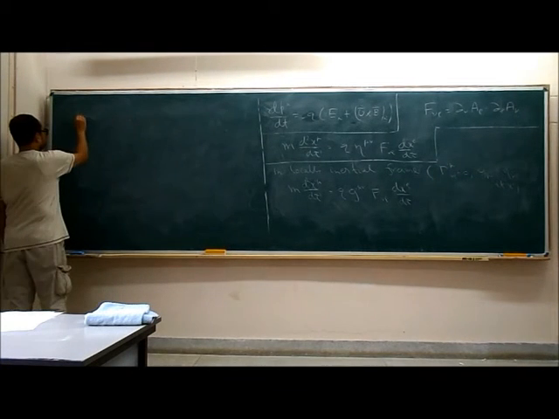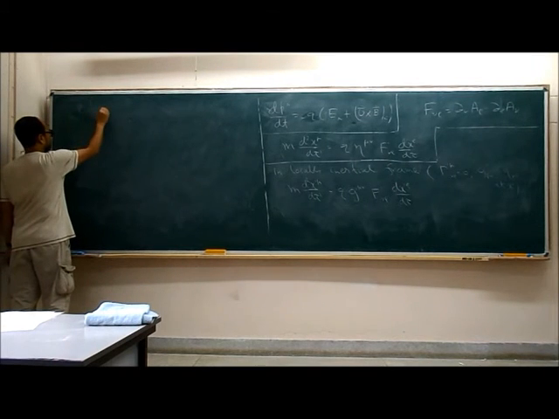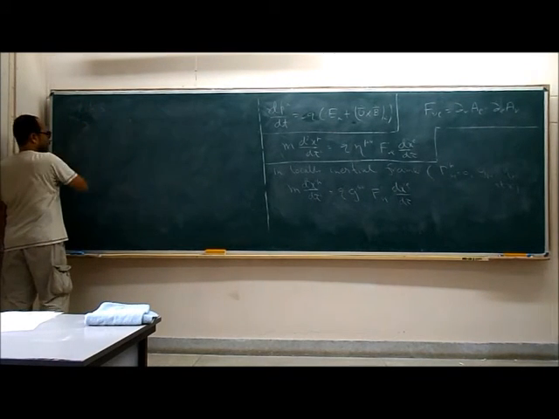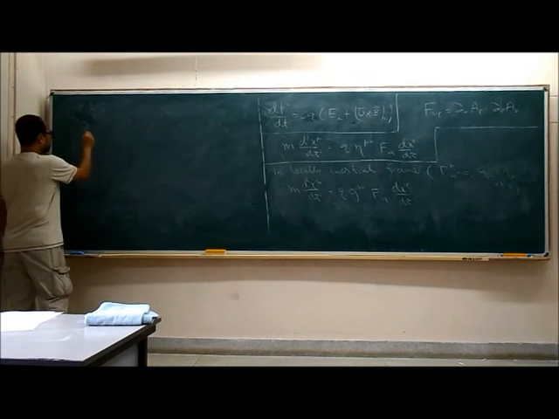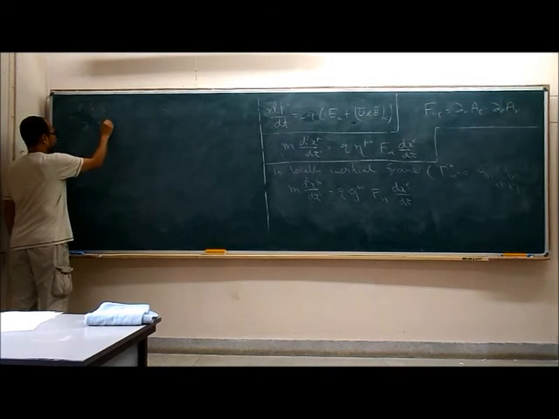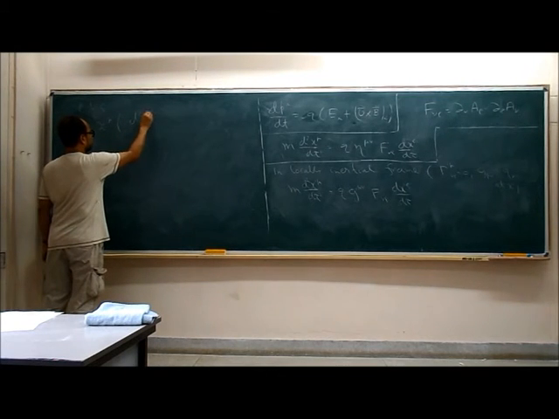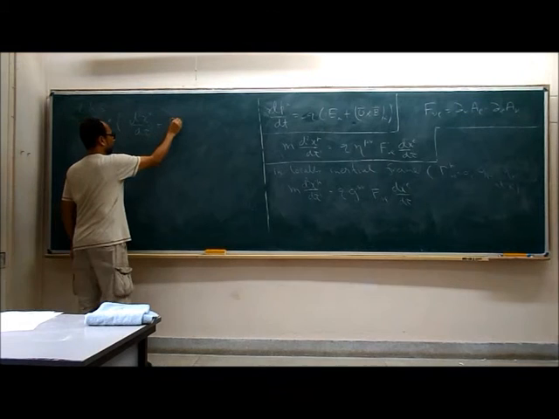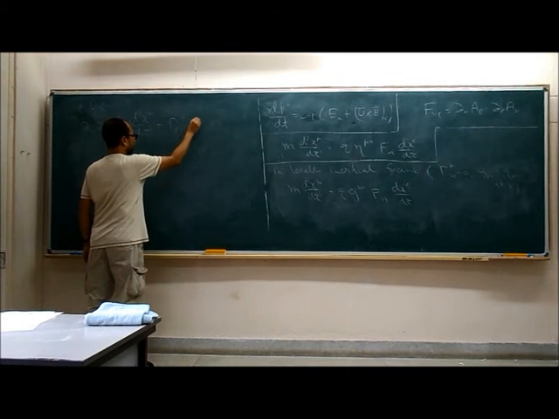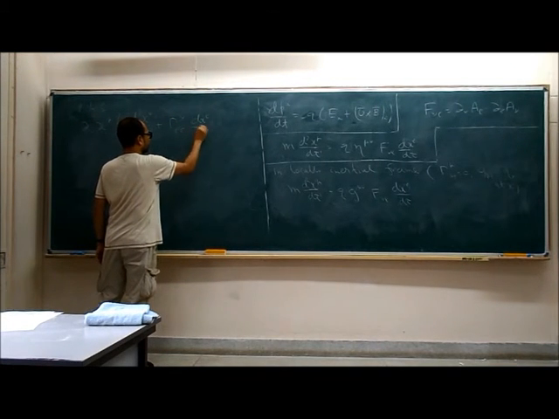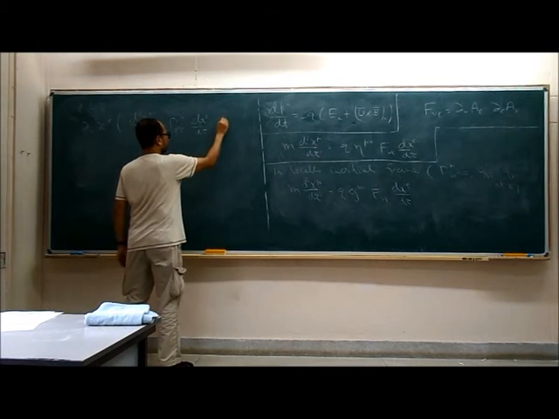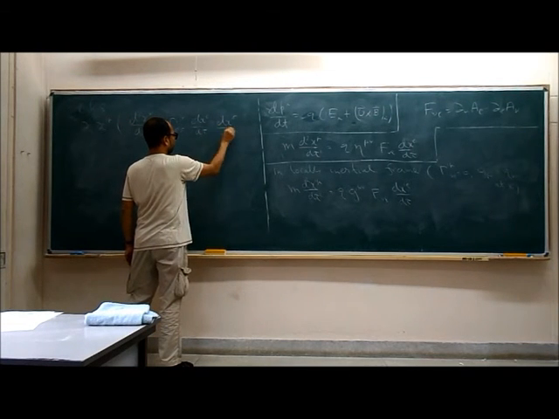So we write the left hand side, as before, as ∂x^μ/∂x'^μ times d²x^μ/dτ² plus Γ^μ_ρσ dx^ρ/dτ dx^σ/dτ.